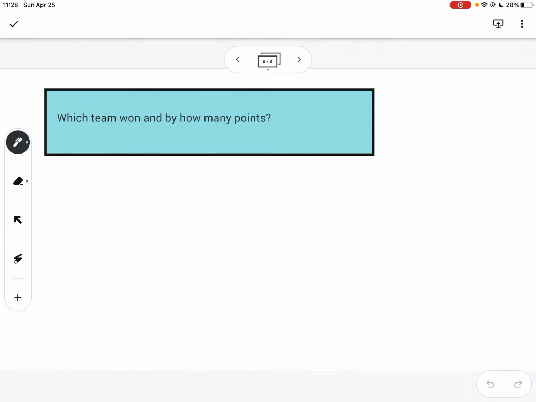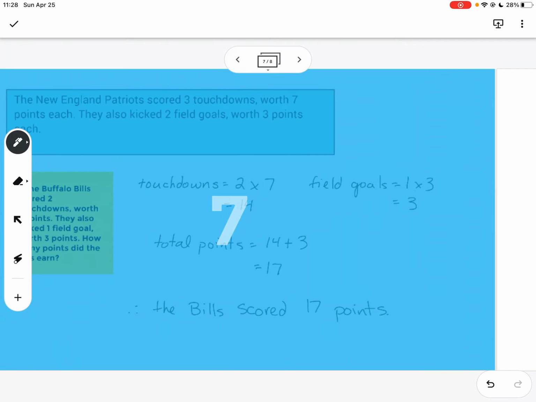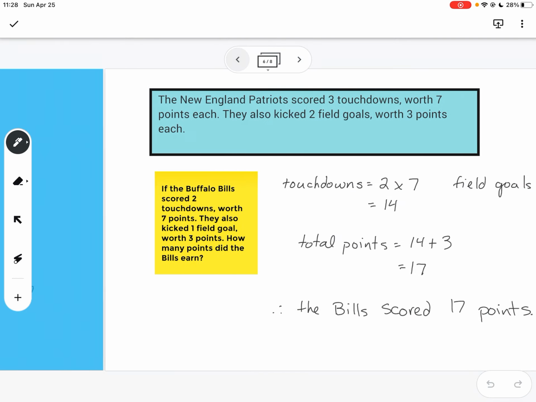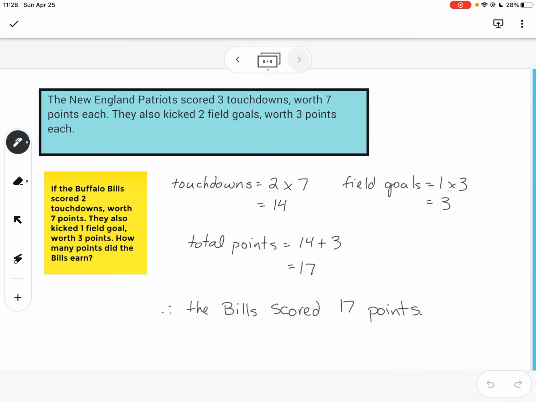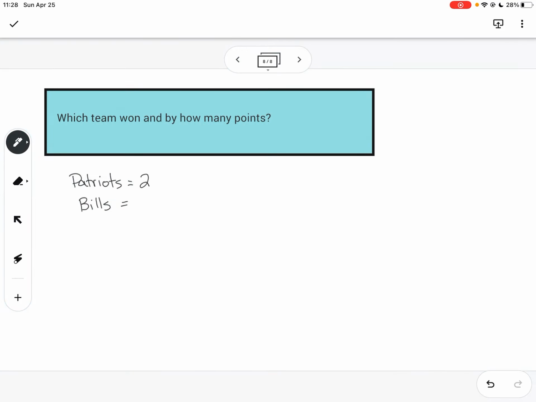Okay. Last question, most important one in a sporting event. Which team won and by how many points? So let's see. We had the Patriots and we had the Bills. So the Patriots had 27 points and the Bills had 17.